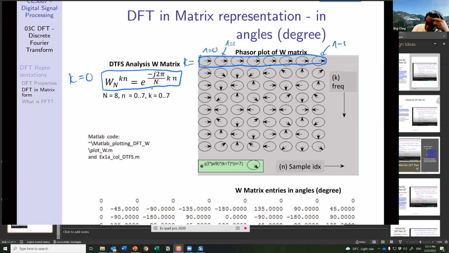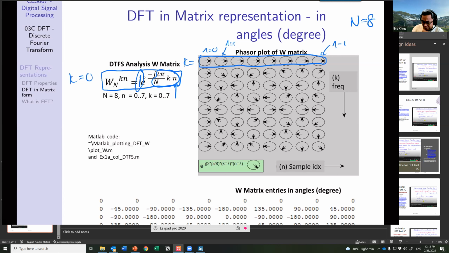In this case, I'm plotting for big N equals 8. You realize that I have just divided the unit circle into 8 different parts. And then I'm going to plot the value of the angle. I'm not interested in the magnitude. The magnitude is always 1.